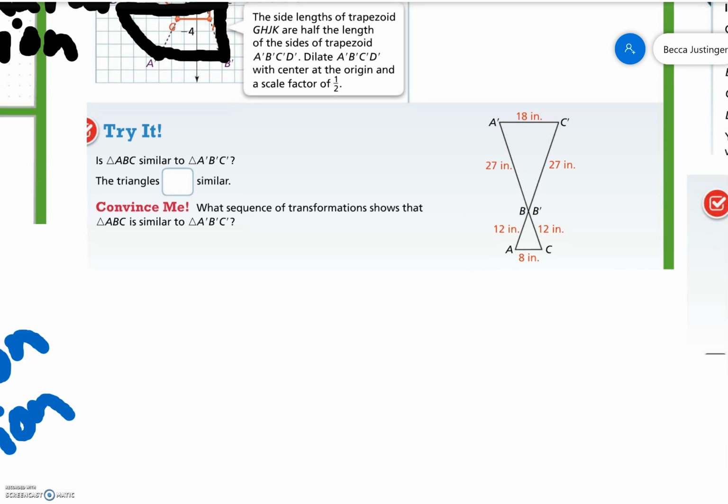Try it. Is ABC similar to A prime, B prime, C prime? We need to see if their side lengths are in proportion. Well, from A to B prime, it's 27. And from A to B, it's 12.